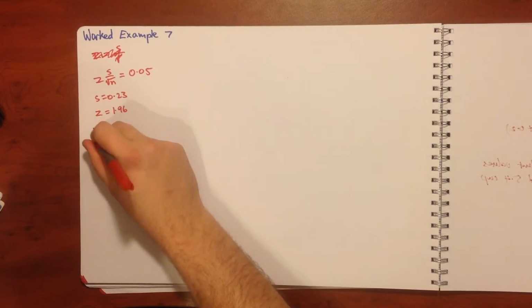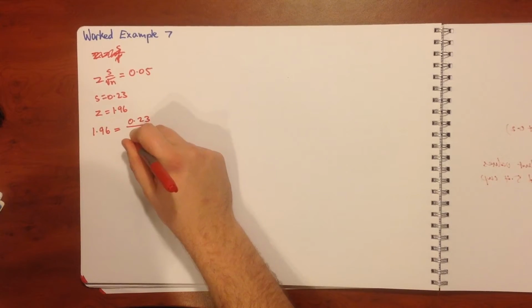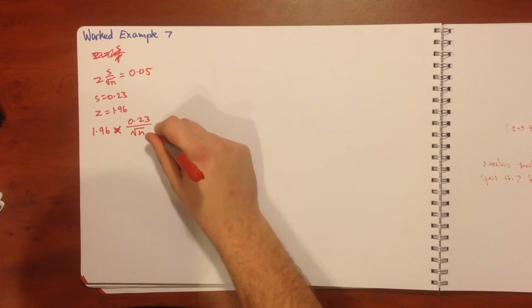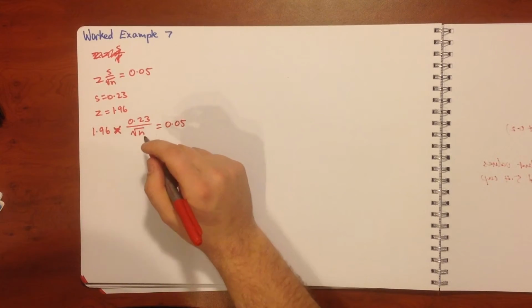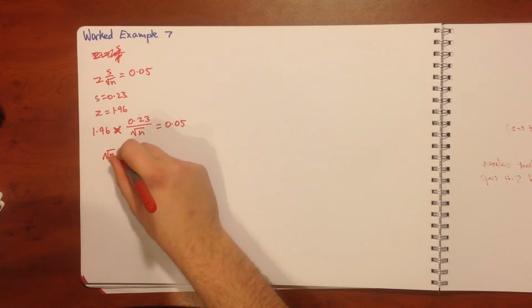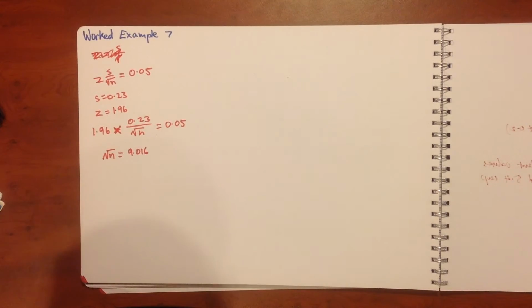So we can sub everything in, so we've got 1.96 times 0.23 over the square root of N equals our 0.05. When we start to rearrange that, we get that the square root of N is equal to 9.016, just by rearranging.